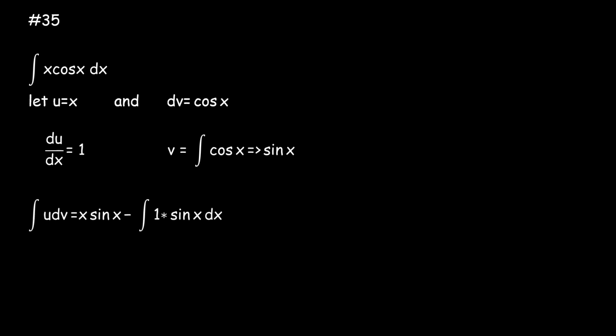Now, the integral of u dv would be equal to x sin x minus the integral of 1 times sin x. The integral of sin x here would just be negative cos x. If we simplify this with the negatives on the outside, we should have a plus. So our final answer will be x sin x plus cos x plus c.